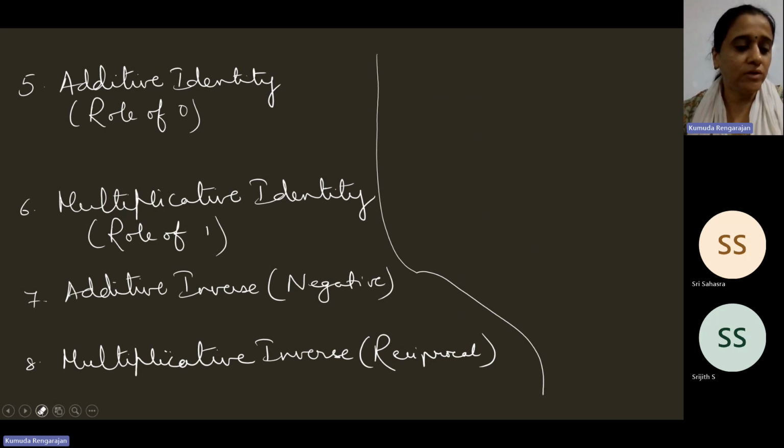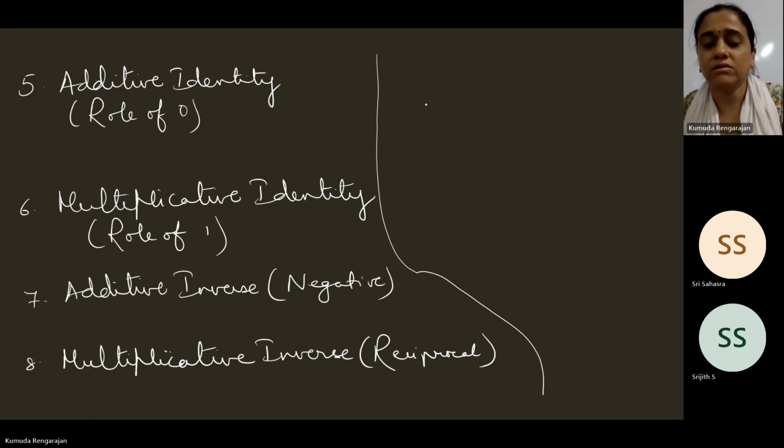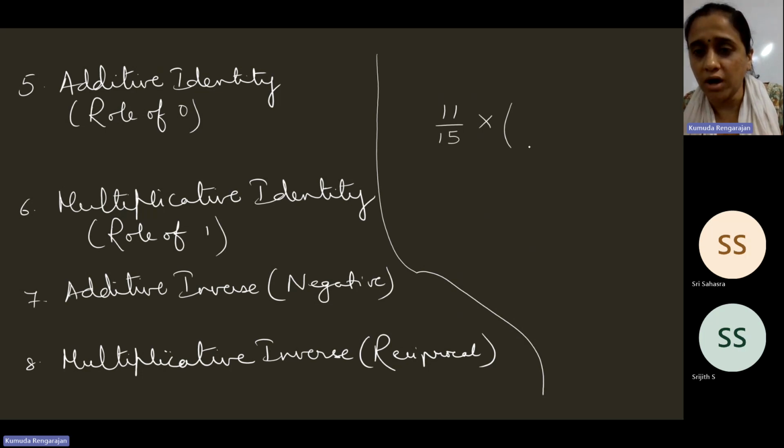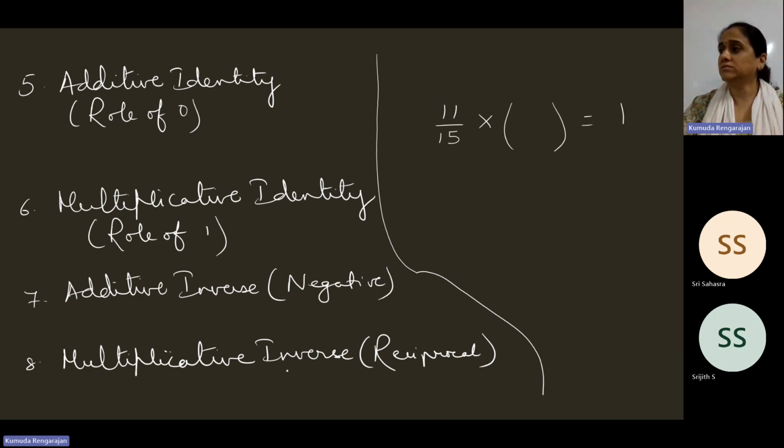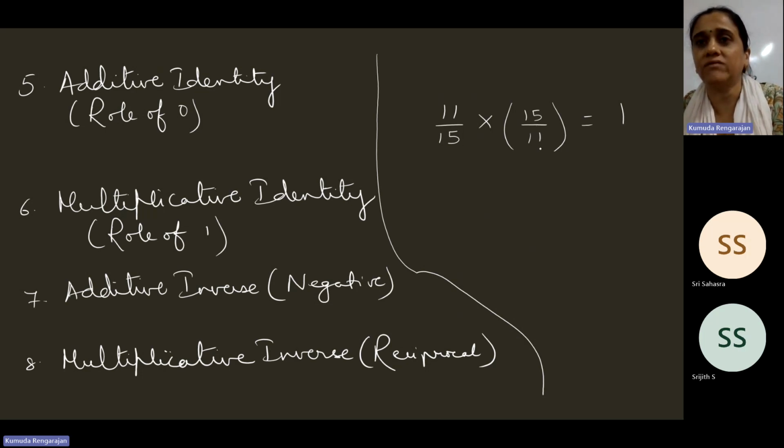So let's consider 11 by 15 into what will give the product as 1? Into 15 by 11. So 11 by 15 into 15 by 11 is equal to 1, correct?